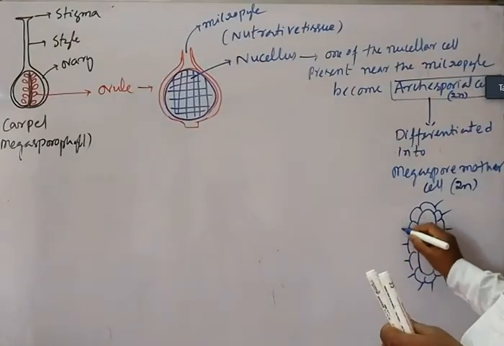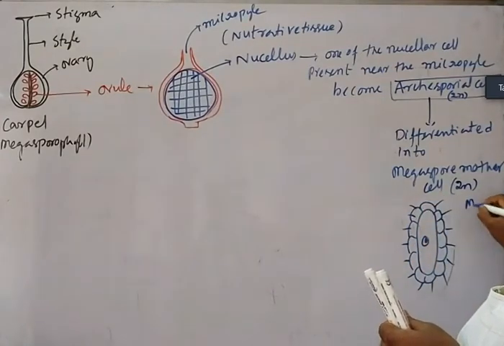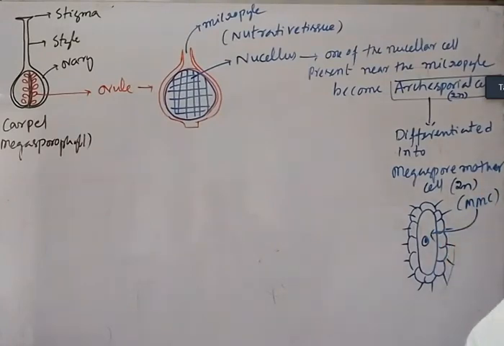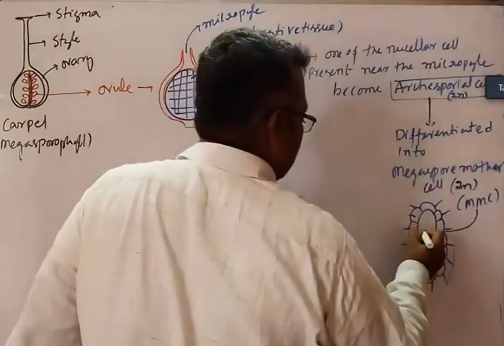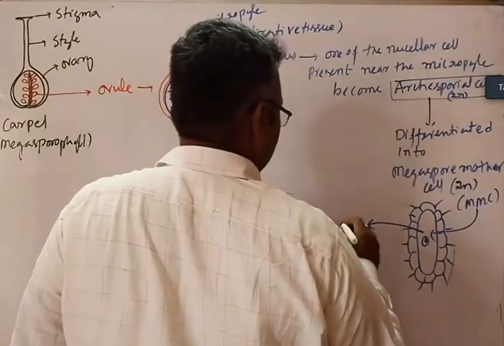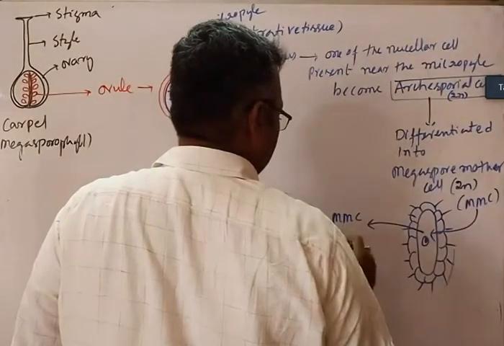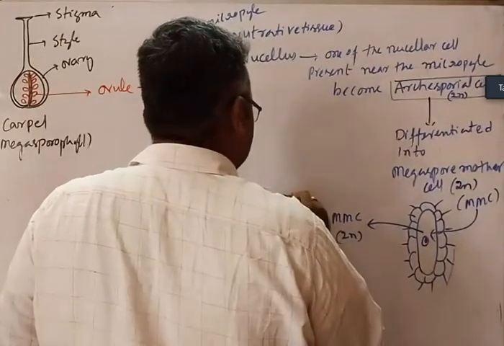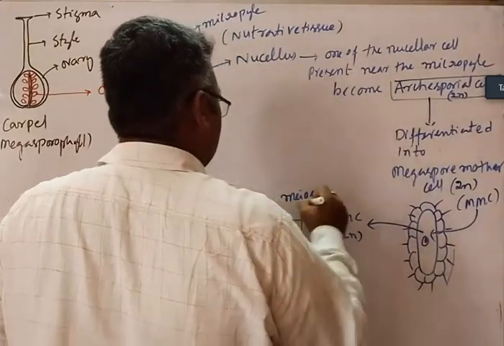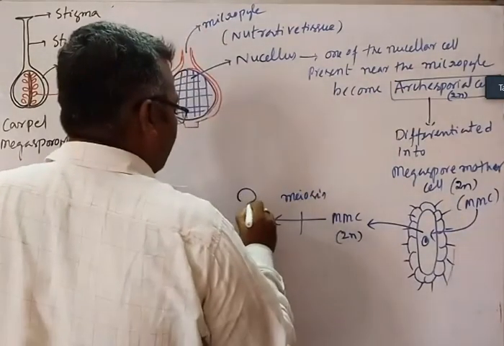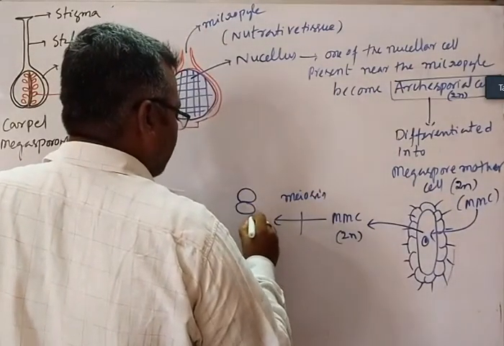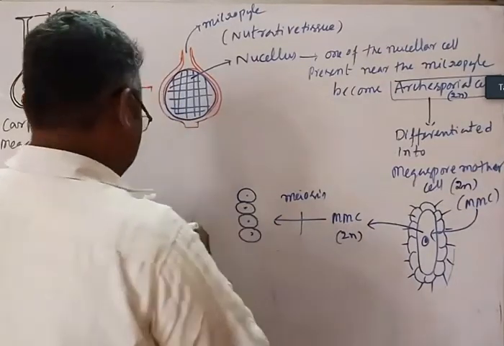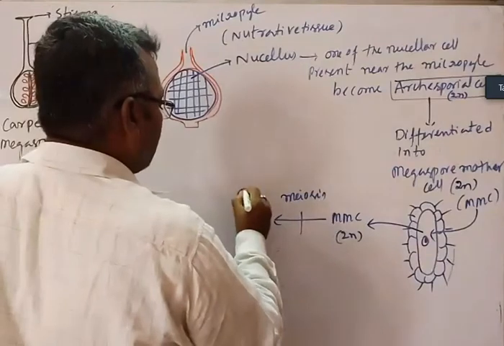Megaspore mother cell is also called MMC. This megaspore mother cell divides by meiosis and forms 4 megaspores.